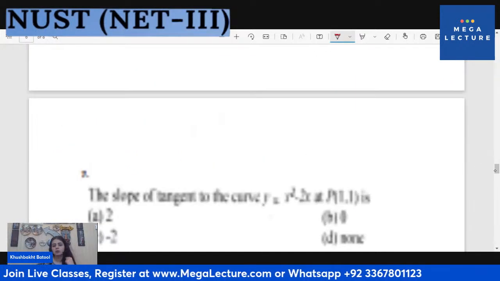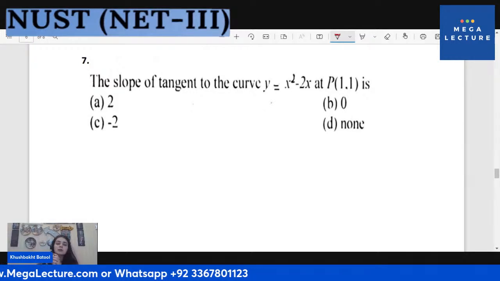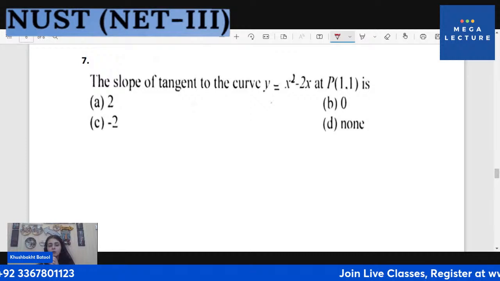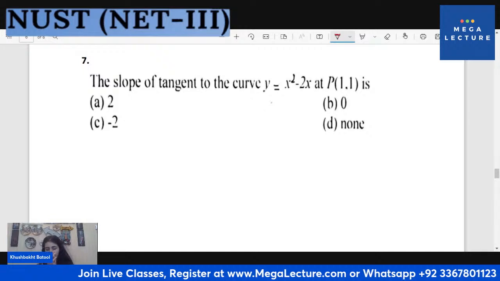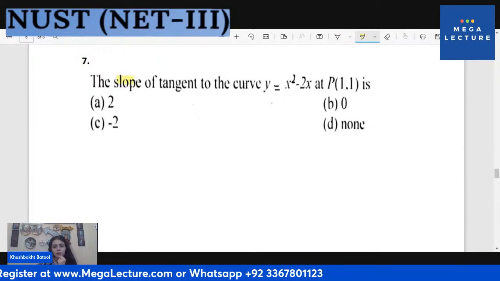Okay, let's talk about the next one. This is the seventh question, and it says the slope of tangent to the curve y equals x squared minus 2x at (1, 1) is what? All right. Now, the question is about the slope of a curve whose equation is this at this point.